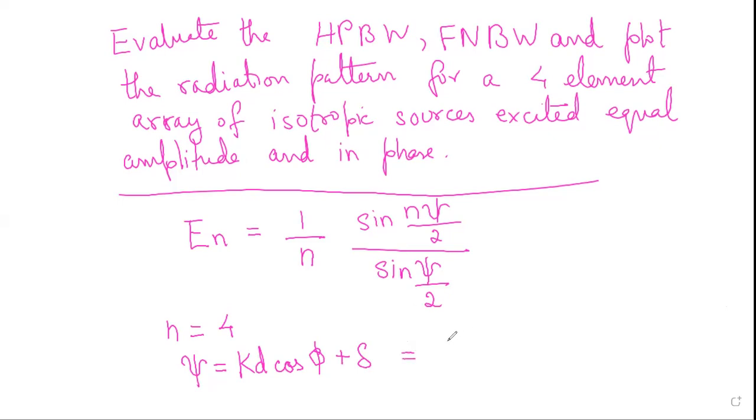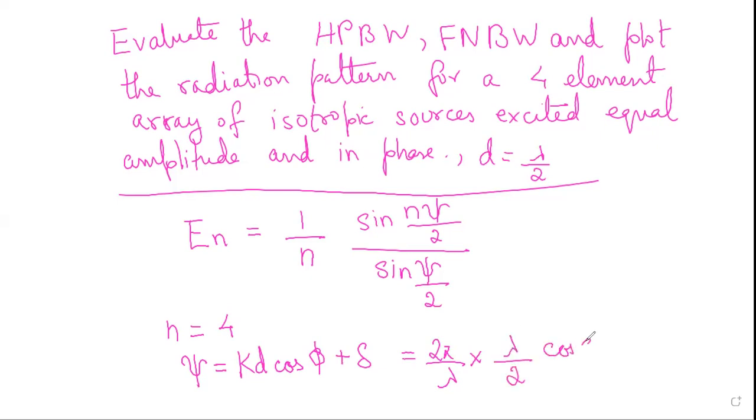What is k equal to? 2 pi by lambda. And what is d in the problem? I had given it, no? I did not write in the question though, but I mentioned it, right? So the d over here is lambda by 2. Okay, I had mentioned it, forgot to write it down. So your d is lambda by 2.